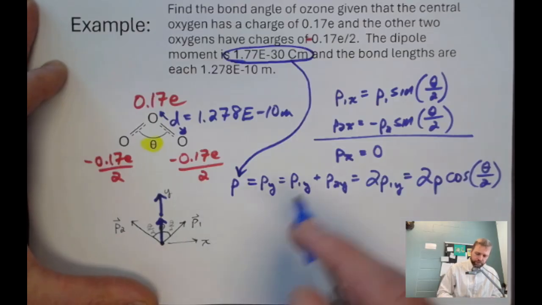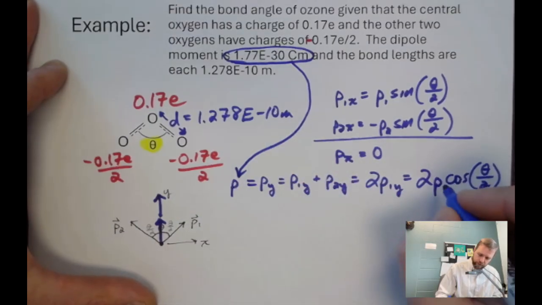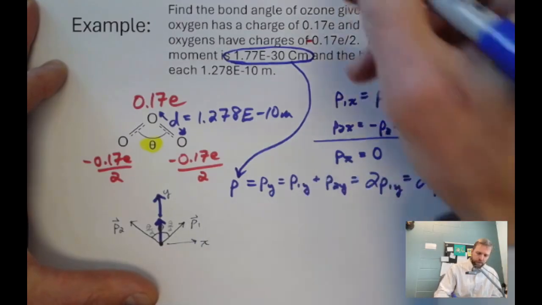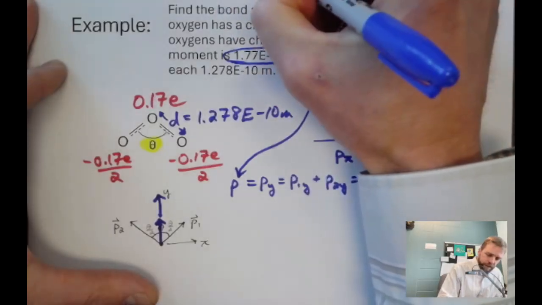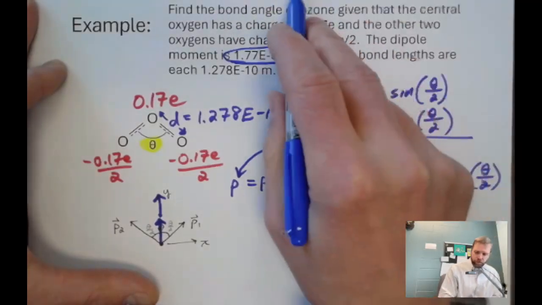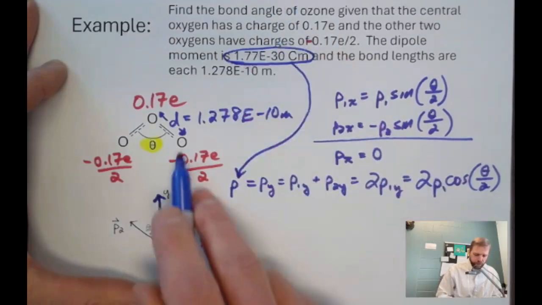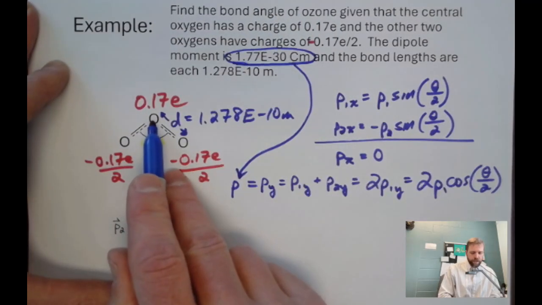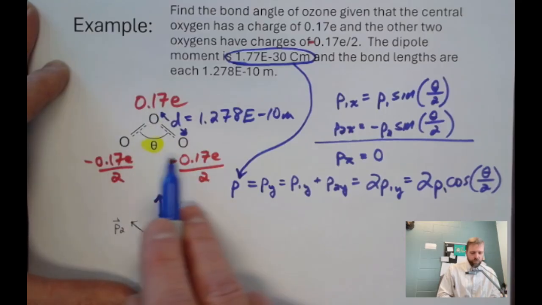Okay, so we have P. Here, let's call this P1 because they're the same. So P1 is equal to Q1 D1. What is Q? We look back here. We notice that this central oxygen has twice the charge as either one of these.